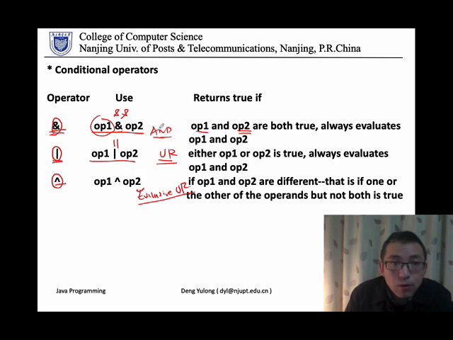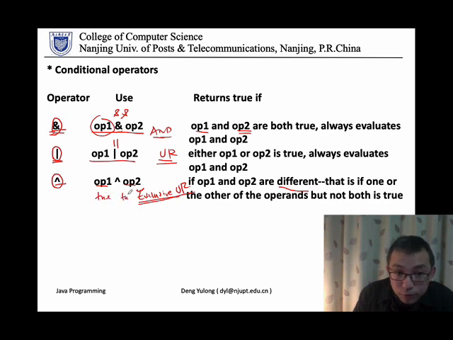Now, let's look at this caret, the exclusive OR operation. That means if the first operand and the second operand are different, for example, the first operand is true and the second operand is false, or the first operand is false and the second is true, if they're different, the result is true.